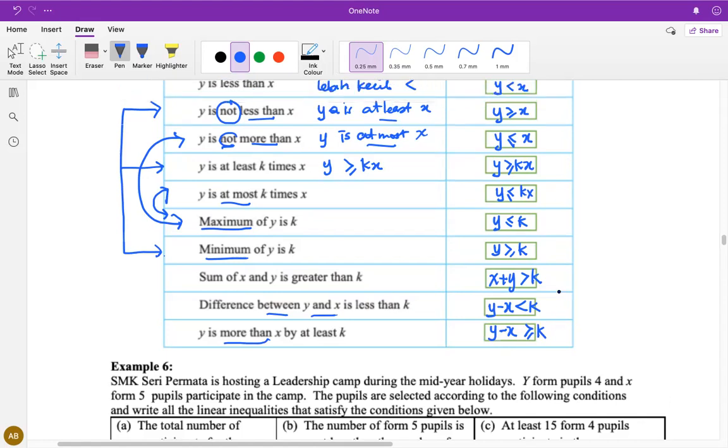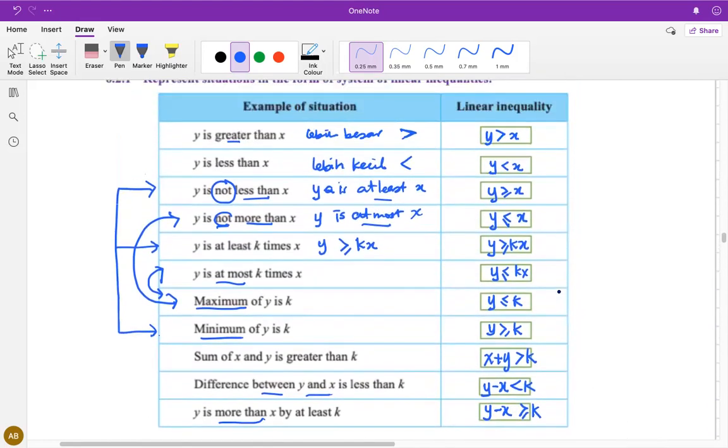So this is how you determine it. Let me highlight it. Not less than is equivalent to at least, which is equivalent to minimum of y. And not more than is equivalent to at most and equivalent to maximum. So these three terms are the same.